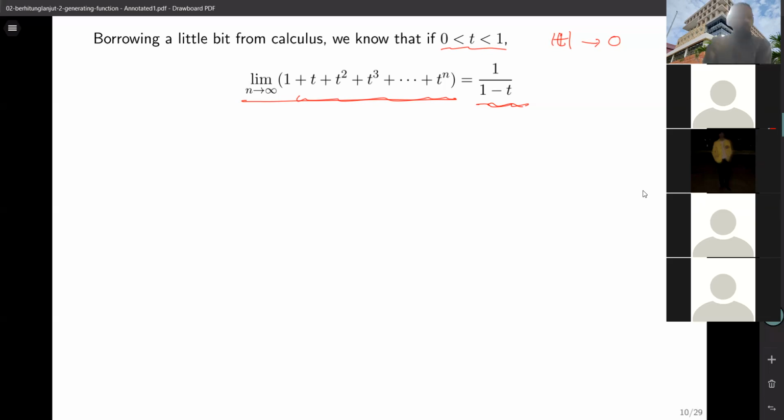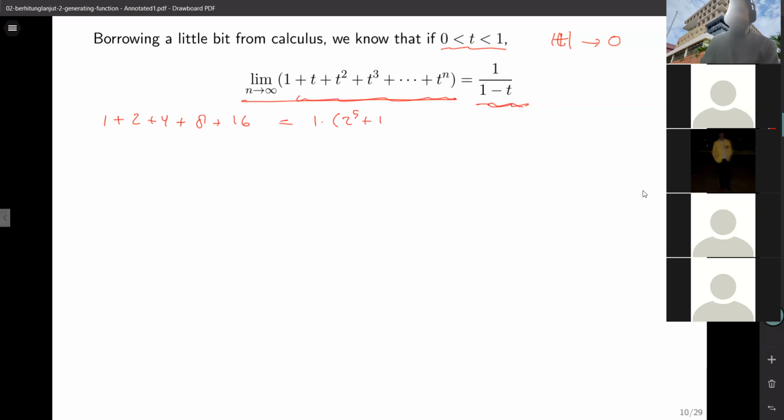Correct. Very good. Yes, it is a geometric series actually. So if you have a geometric series like this, 1 plus 2 plus 4 plus 8 plus 16, for example, this is actually 1 times 2 to the power of n. What is the n? 5 minus 1 plus 1. Sorry, what was the formula?